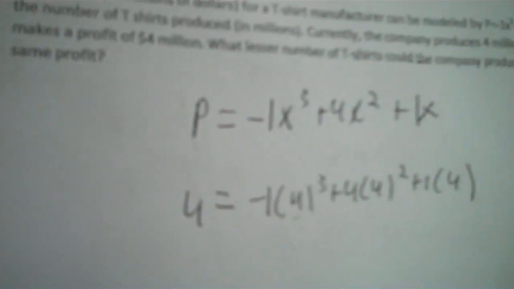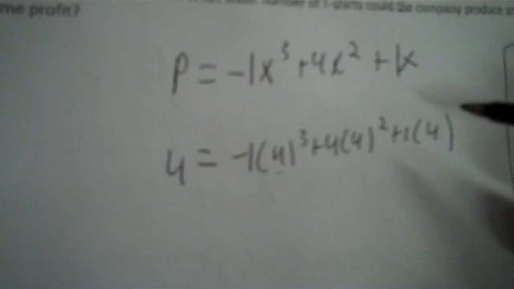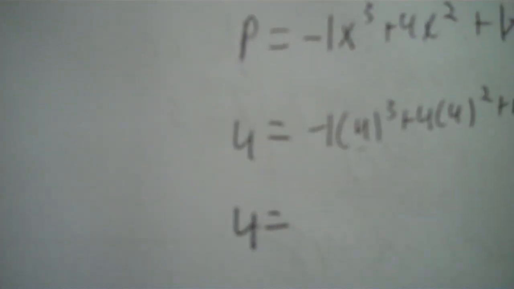Okay, now verify that in the calculator. It's 4. Okay, so you can check it. Okay, it's verified. So I want to keep the profit at 4, but I want to find other x's that give me 4.